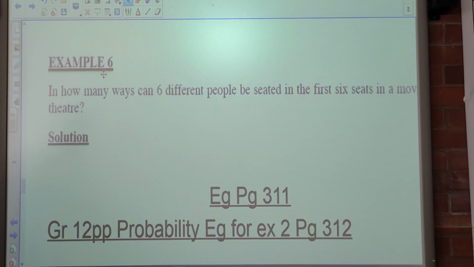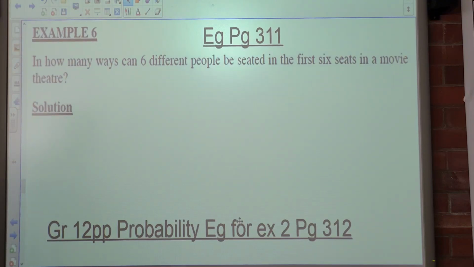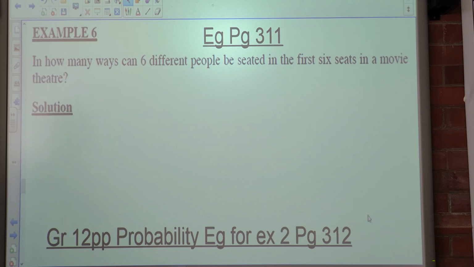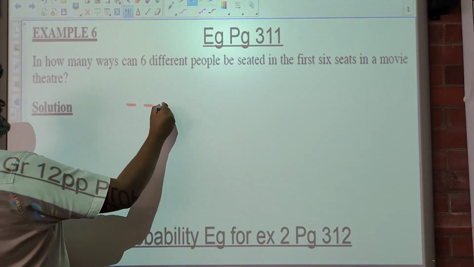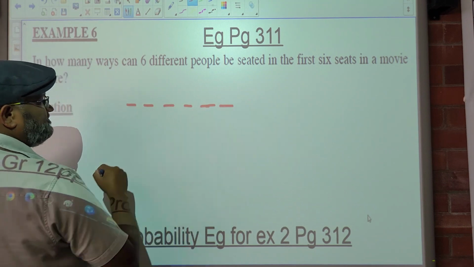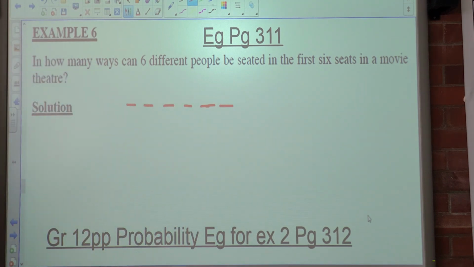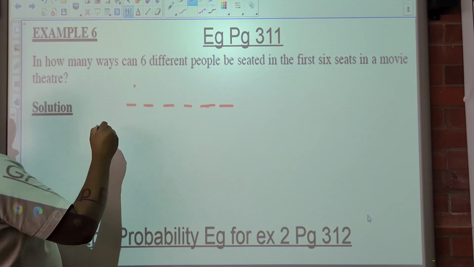Look at example 6. How many ways can 6 different people be seated in the first 6 seats in a movie theatre? How many birds would I draw here? 6, because they're referring to 6 seats. 1, 2, 3, 4, 5, 6. Of the 6 people, how many options do I have for the first one? 6.